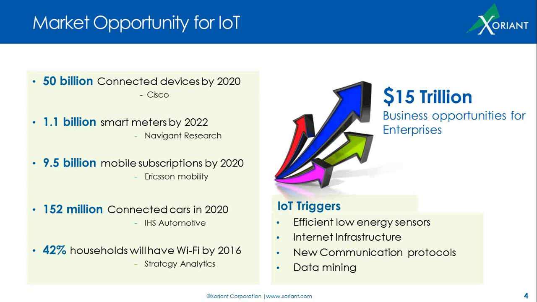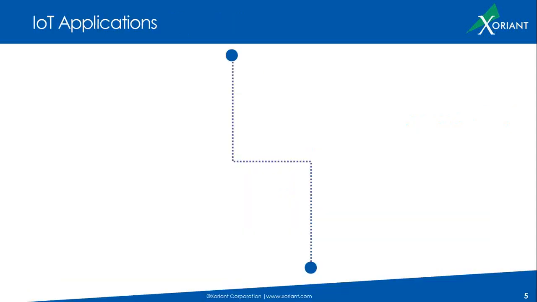And the key thing really now is that organizations are looking at tapping this sensor data and mining into it in order to achieve maximum advantage out of that. So these are the key triggers that are driving the whole shift towards getting these devices in place, collecting data and analyzing it.